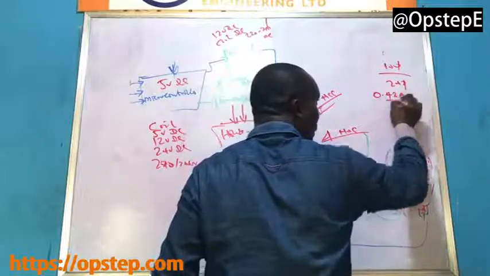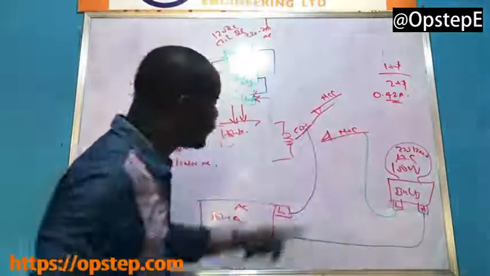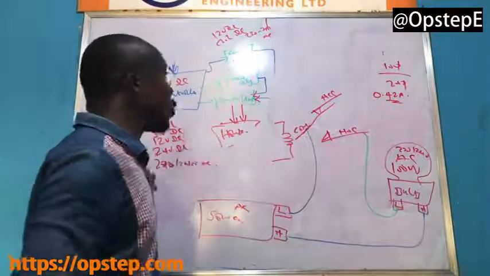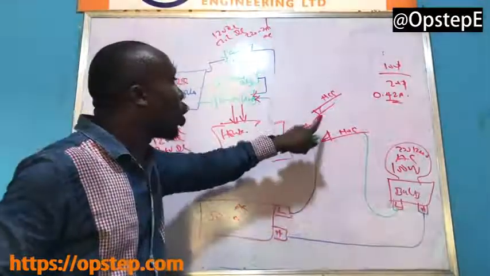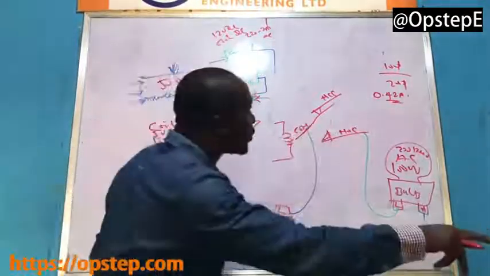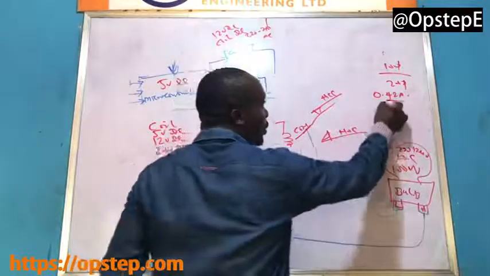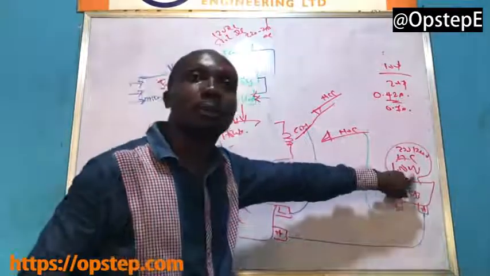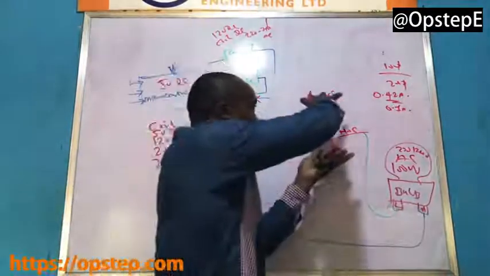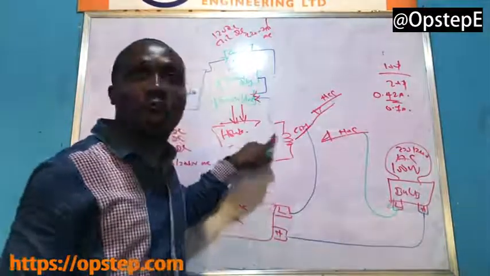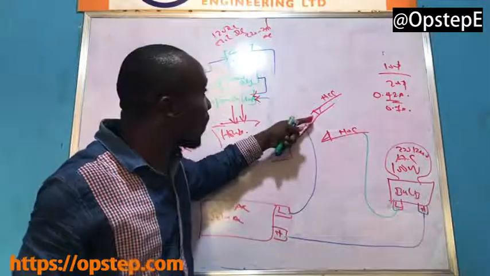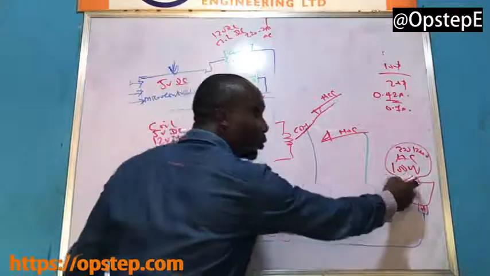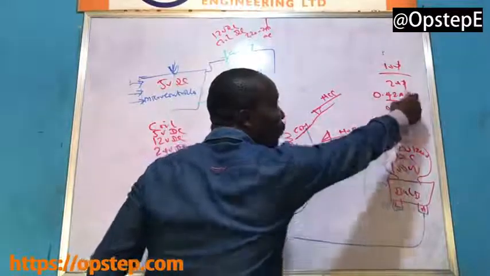0.42 amps. Now, if this relay was rated for any coil voltage, but the current they wrote on the body is 0.1 amp. The moment you energize the coil of this relay, and this wiper moves from here to this point, this bulb is drawing 0.4 amps.